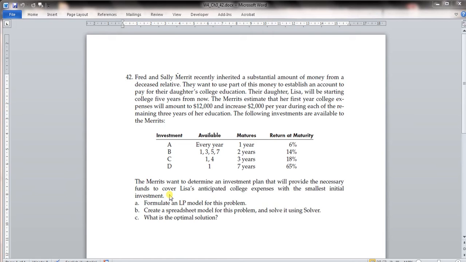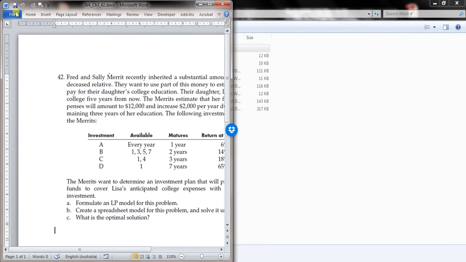They want to divert a very minimal amount from the inherited amount into this investment in the first year, which will be reinvested over B and C and other investment options over a period of time, and that should be able to cover the expenses of Lisa's education fee.